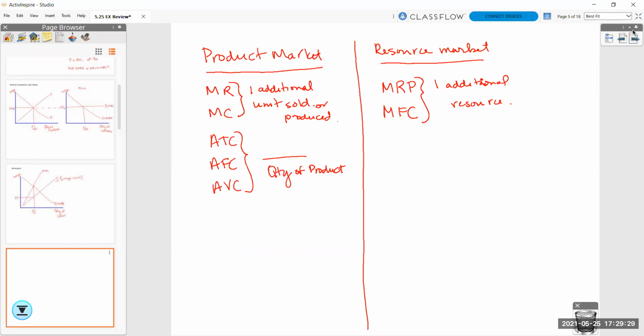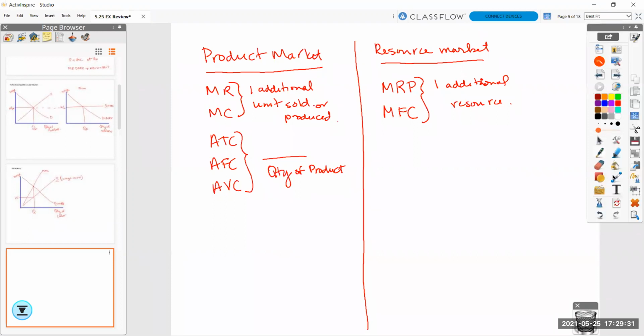Now, the one that kind of spans both, I'm going to turn that into purple, is the marginal product. I'm going to write this one out. It goes both ways because we talk about a worker's diminishing marginal return, which is your marginal product.